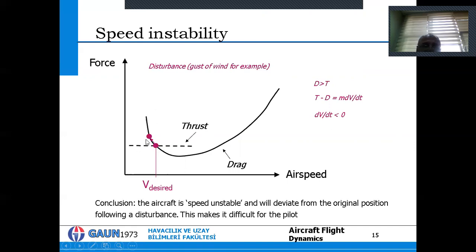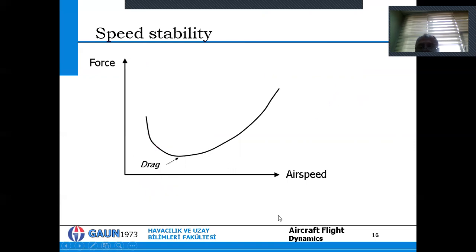So obviously the speed here is not stable. So we can say the aircraft is speed unstable and will deviate from the original position following a disturbance. So this makes it difficult for the pilot, okay?